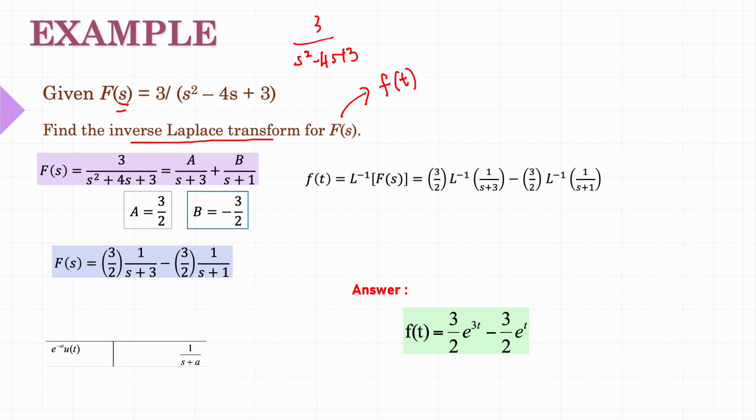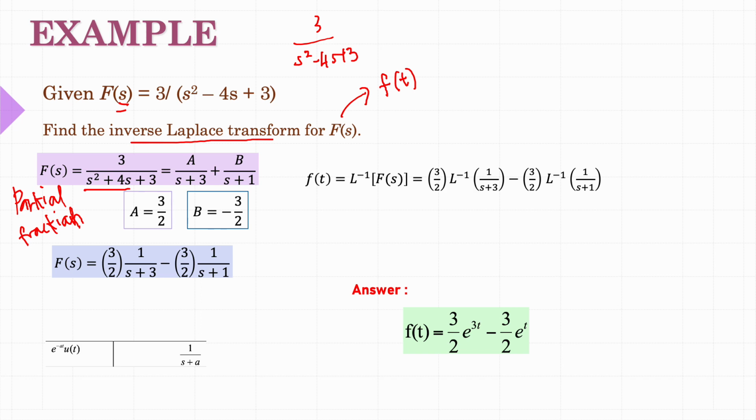So it is an inverse Laplace. The equation is given as such. What we need to do is apply partial fractions. I believe all of you are familiar with partial fractions from the Fourier transform chapter.